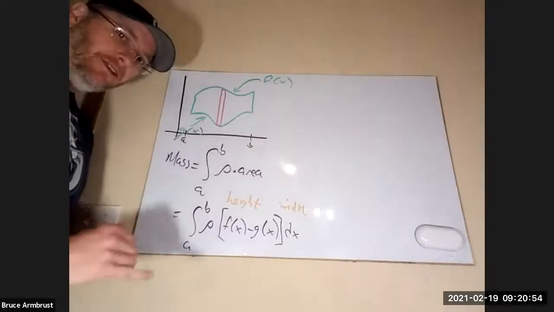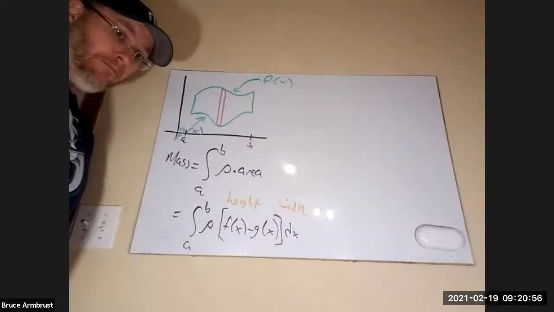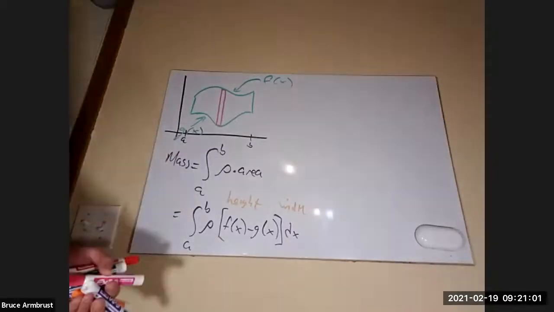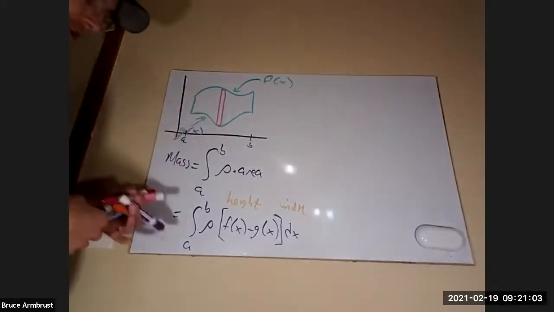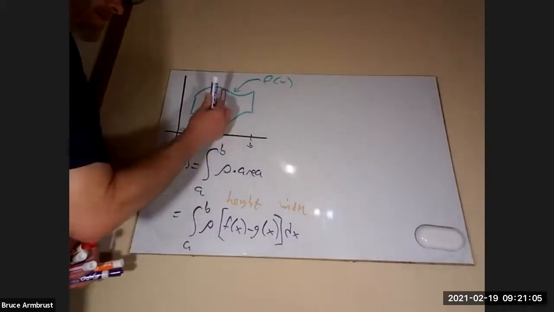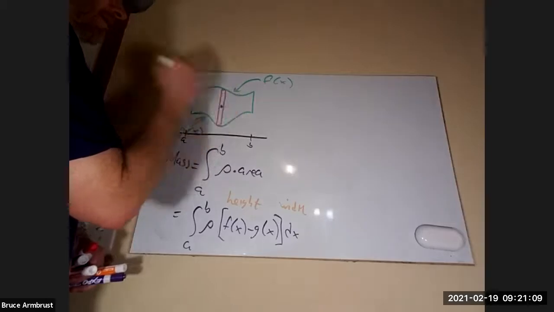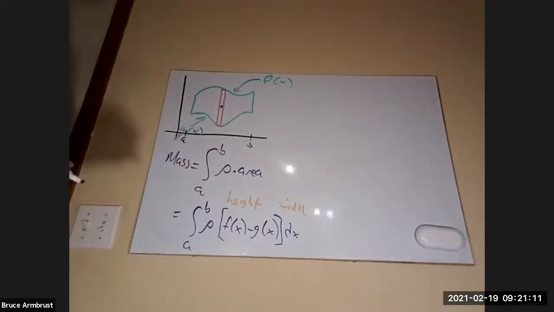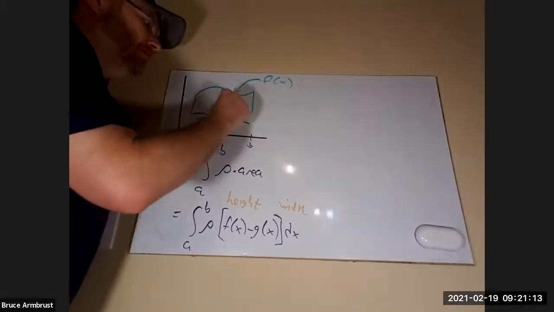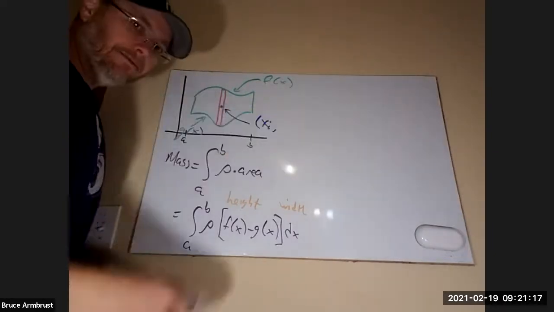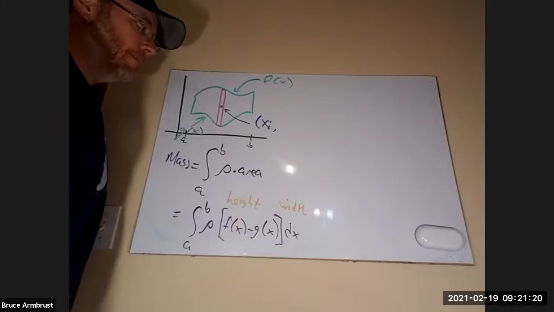But the other ones are going to look a little bit different. The finding of the moments. So again, we need to know where the center of mass of this little strip is. But if the density is constant, we know we can go straight to the middle of this. And so this point is going to be the point, we call it xi, for the height rectangle.